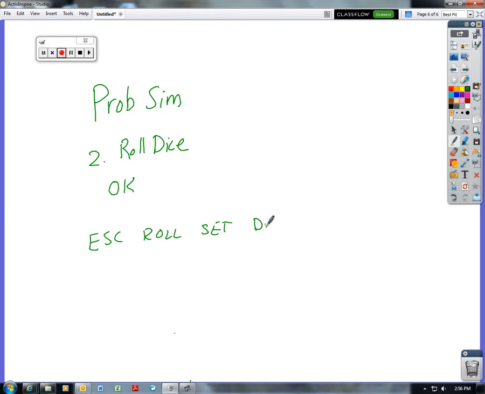Don't press anything. When you get to this, escape, roll, set, data, table. Since I want to have it roll the dice several times, I'm going to have it roll 10 times so I can make a little frequency table. So to do that, you would choose set. So you'd press the zoom button, because the zoom button is right underneath where it says set. Oh, maybe this isn't going to work how I intended.